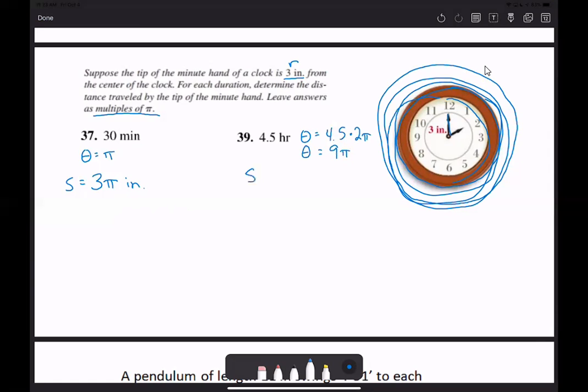So substitute this information to find the arc length. We're going to multiply the radius times the angle, and that will give us a distance of 27 pi inches.